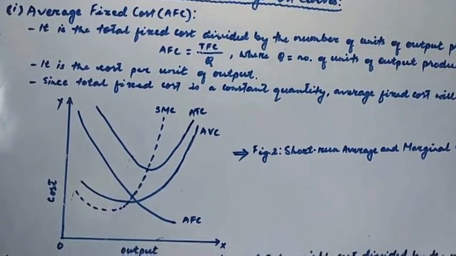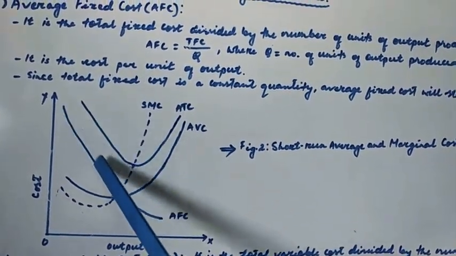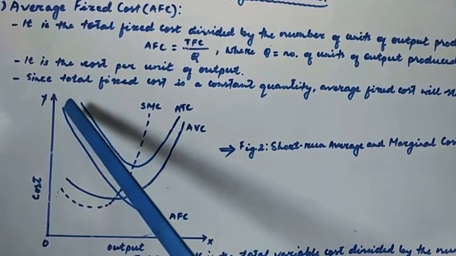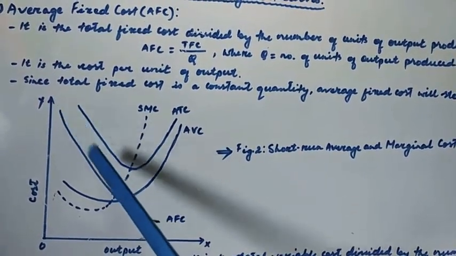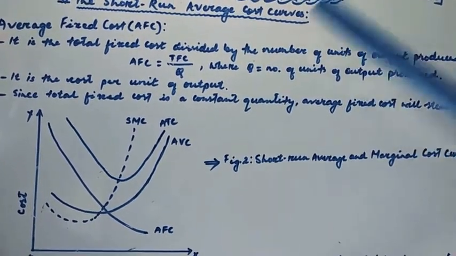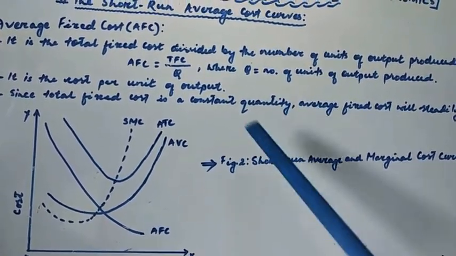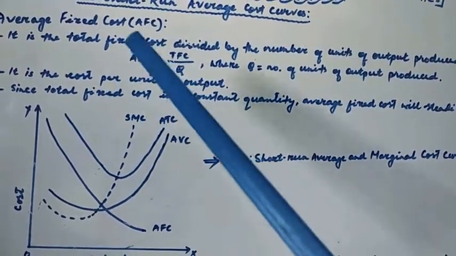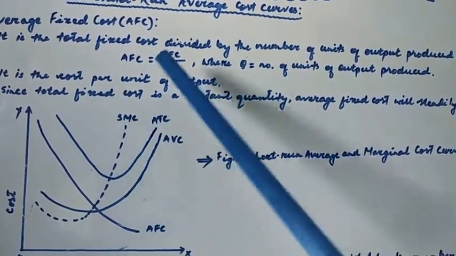You will see even from the figure that this average fixed cost keeps on declining. It is falling from left to right, downwards. As output increases, the average fixed cost declines because of the constancy of the total fixed cost.